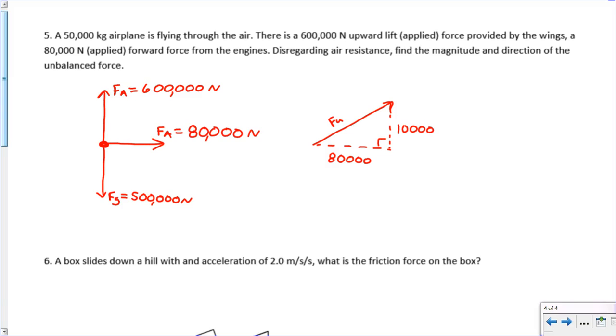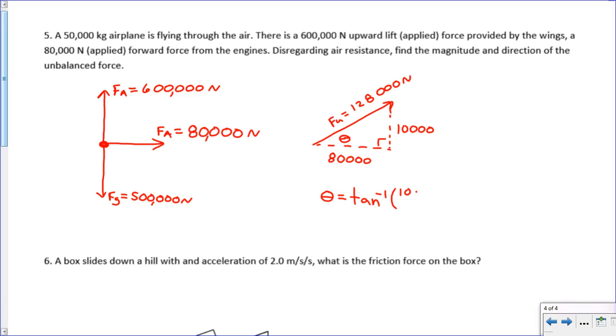Then I can use some trigonometry here, say the Pythagorean theorem, and figure out that the magnitude of my unbalanced force here is 128,000 newtons. And then to figure out the angle of inclination, this theta, I can say that theta equals the inverse tangent. Anytime we want an angle, we're going to have to use an inverse trig function. So inverse tangent, I think, makes sense in this case because the 2 numbers that we knew the earliest were those sides of that triangle.